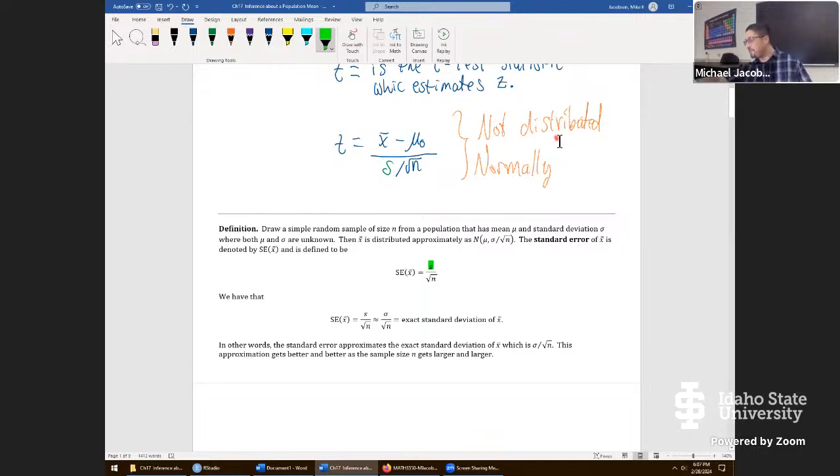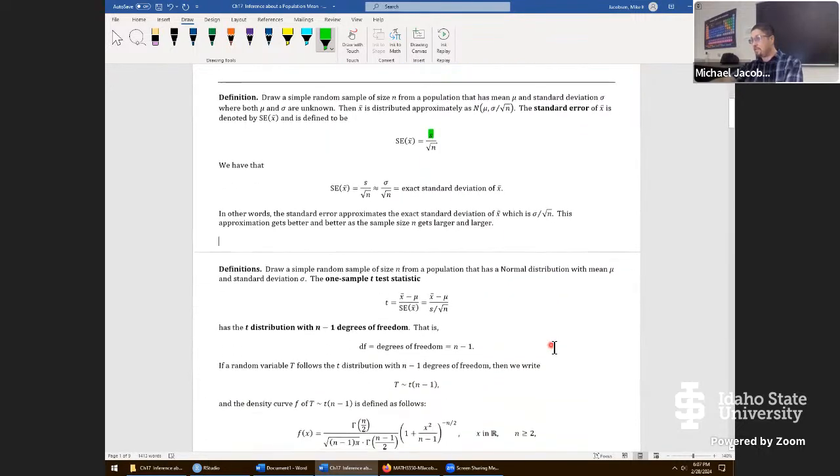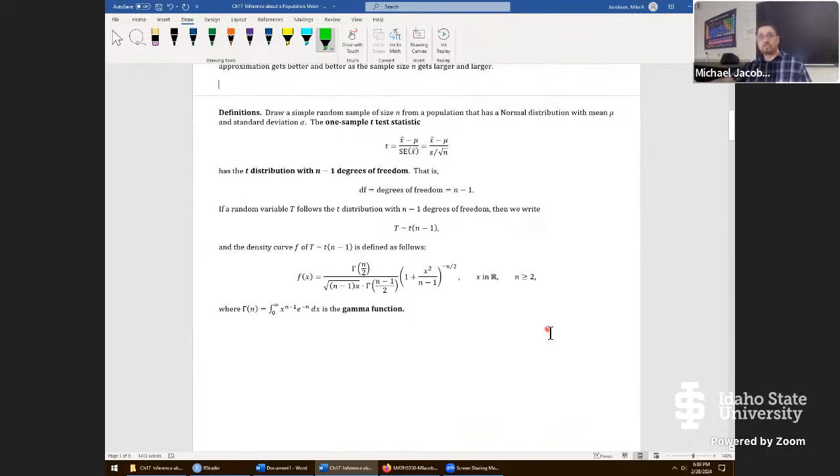Okay, we're nearly done putting together all the threads. And here is the t distribution. So it says to start out, suppose you have a simple random sample of n individuals from some population that has a normal distribution. We will take that off.